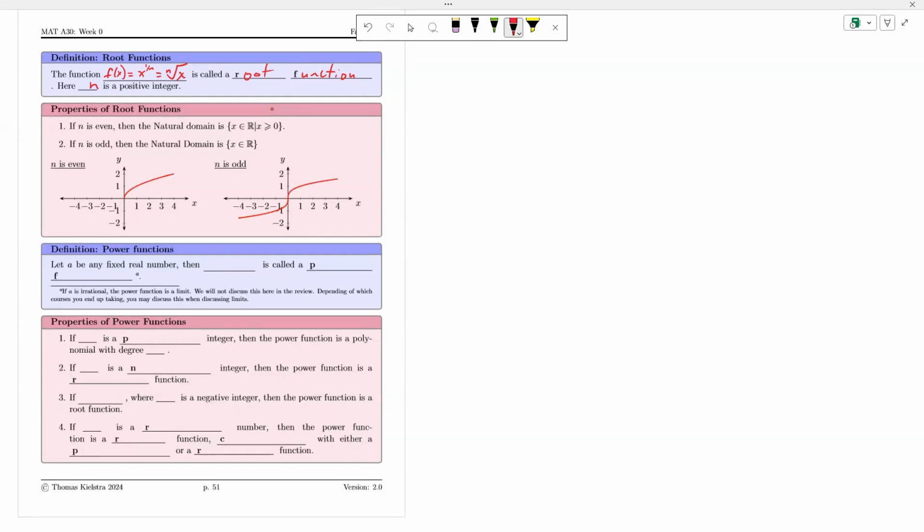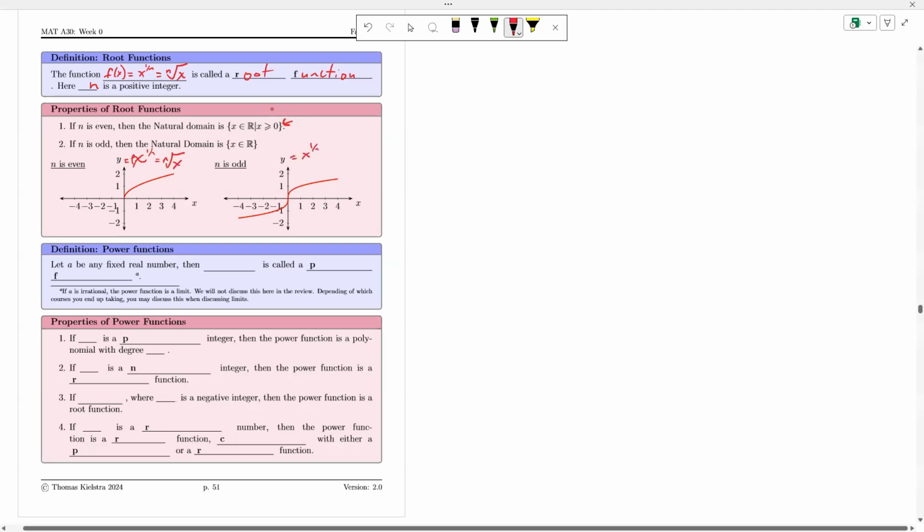With our even roots, we talked about before that our natural domain is when x is greater than or equal to 0. Here again, x to the 1/n, or the nth root of x, but here n is odd.